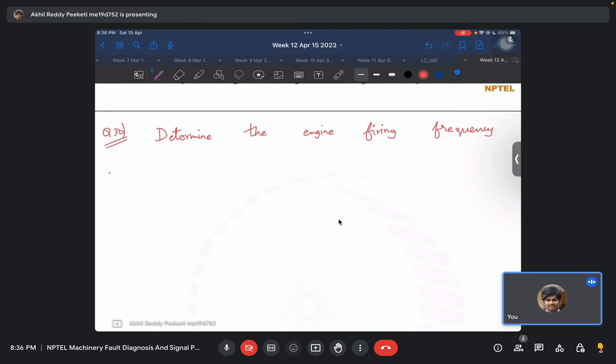Determine the engine firing frequency for a 4-stroke 4-cylinder engine when the output shaft rotates at 1800 RPM.